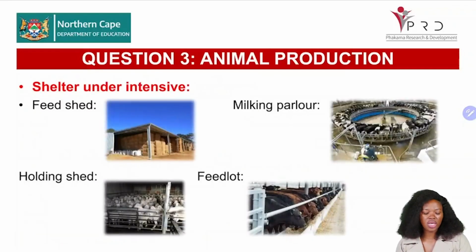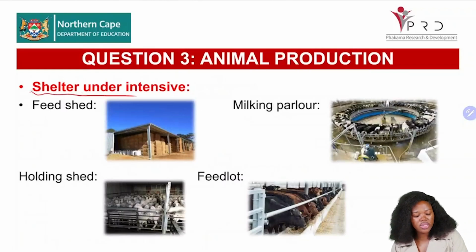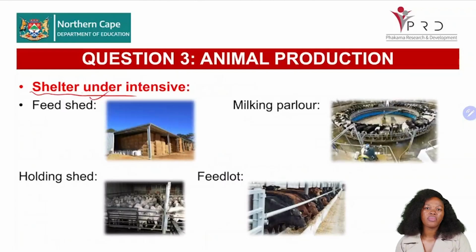Now, there are various shelters that are used under intensive production systems to protect against extreme weather conditions or predators. Firstly, we have the feed shed. A feed shed is used to store feed for farm animals, not to protect farm animals. Another one, the holding shed.